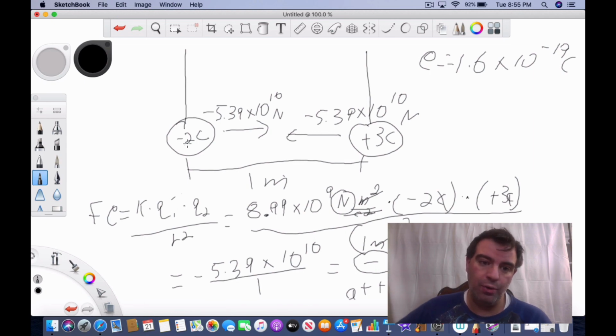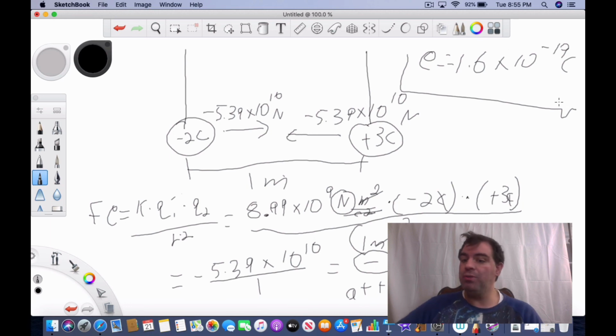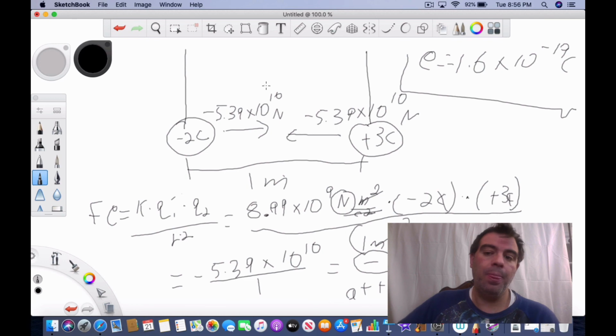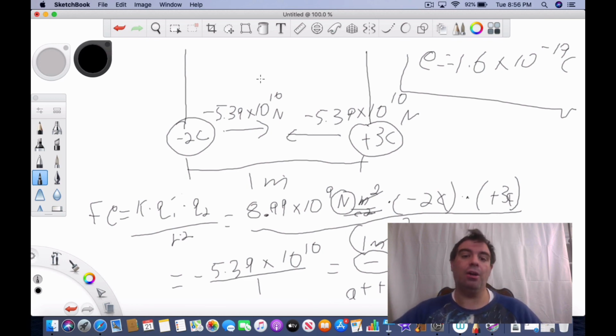So for q1 and q2 you would put -1.6 times 10 to the -19 coulombs, multiply by Coulomb's law constant, and divide by the distance between them squared, and you would get the answer. So in case they don't give you actual coulombic charges, read the problem carefully and make sure you can infer the number of elementary charges they are referring to.